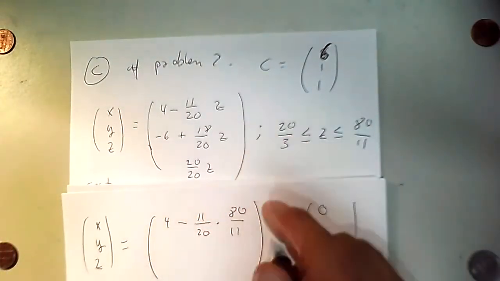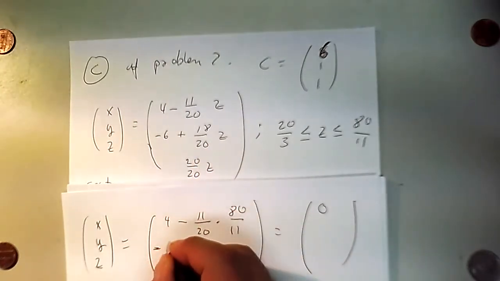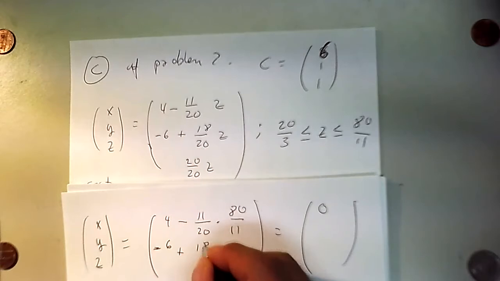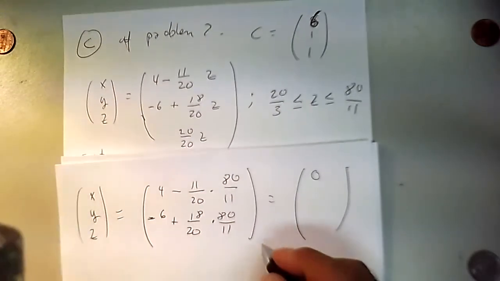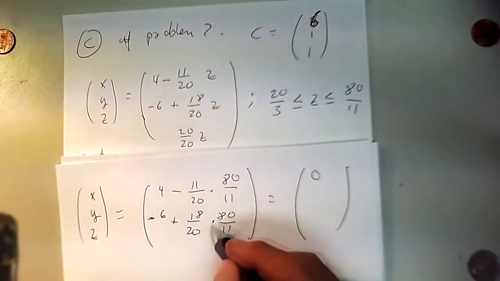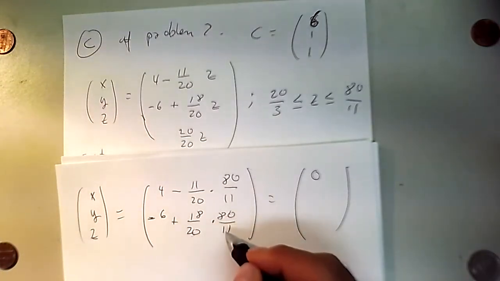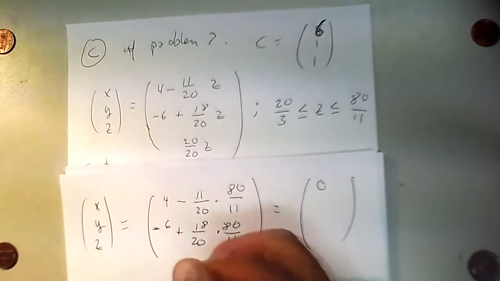Now the math is not going to be so simple here. Negative 6 plus 18 over 20 times 80 over 11. Okay, so that's going to be 4 times 18, 72. 72 minus 66.